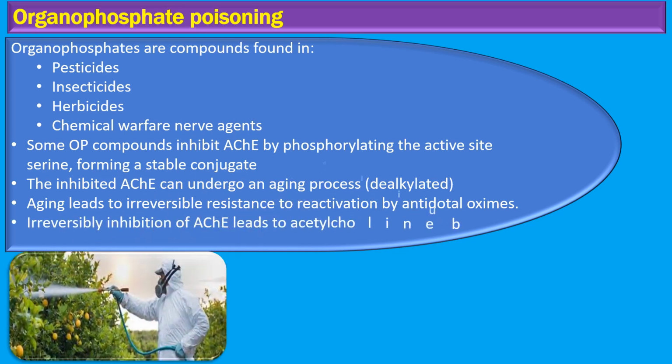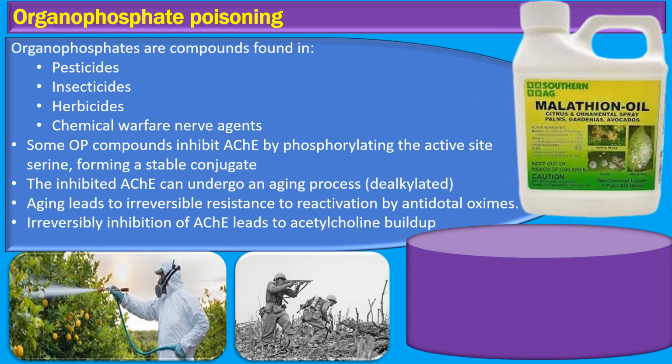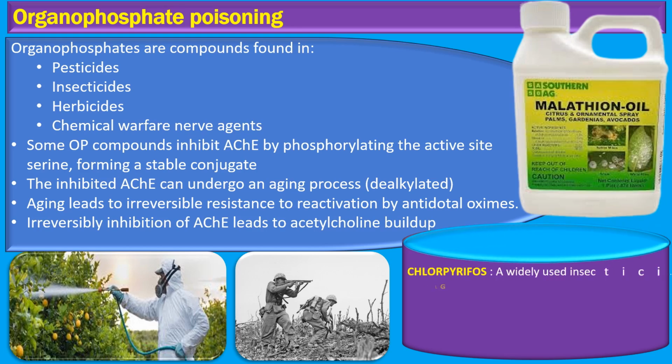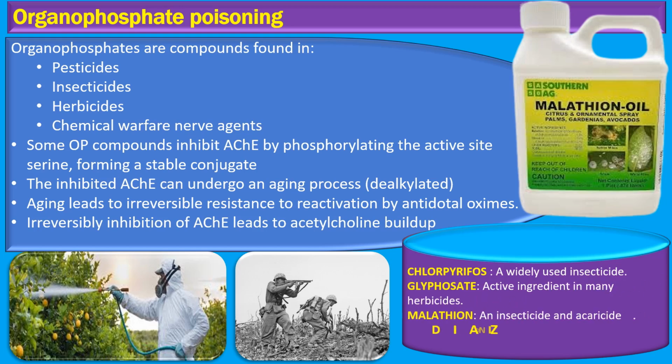Organophosphates, the culprits behind this poisoning, are found in everyday substances like pesticides, insecticides, and herbicides. They're also known for their more nefarious use as nerve agents in chemical warfare. Typically, those working in agriculture are most at risk, as they're in frequent contact with these chemicals. Exposure can happen through ingestion, inhalation, or even direct contact with the skin.